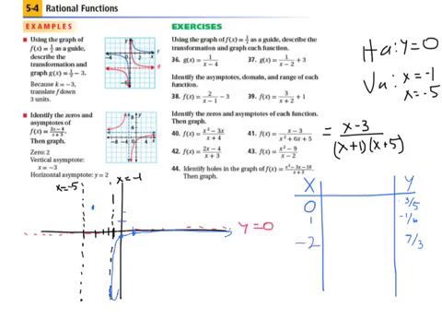So -2 minus 3 over -2 plus 1 times -2 plus 5. So that's -5 over -1 times 3. So that's going to be 5/3. So at -2 we're at 5/3, which is a little less than 2.